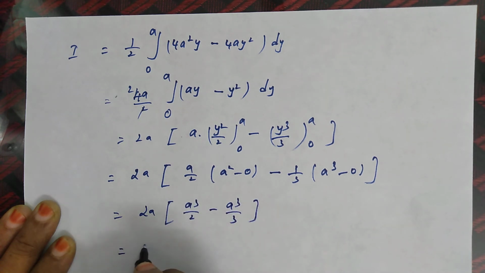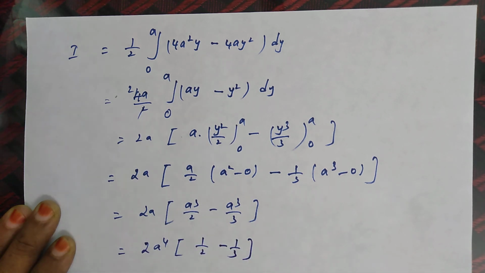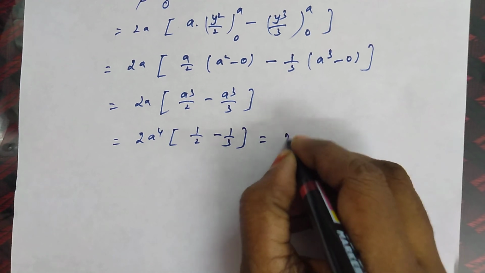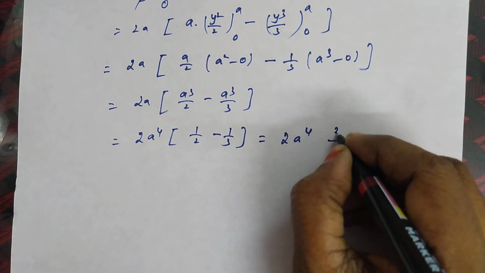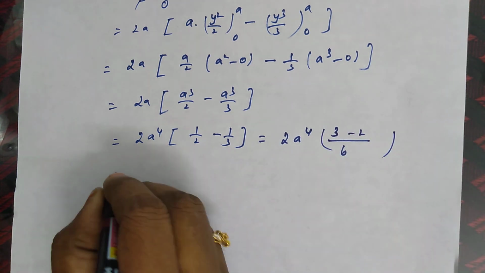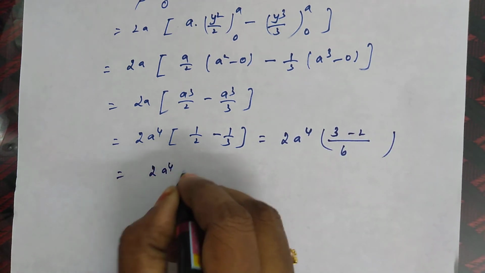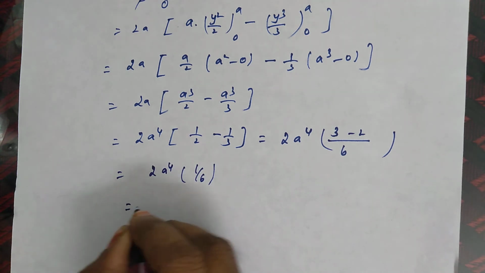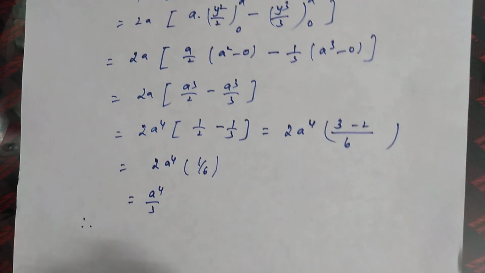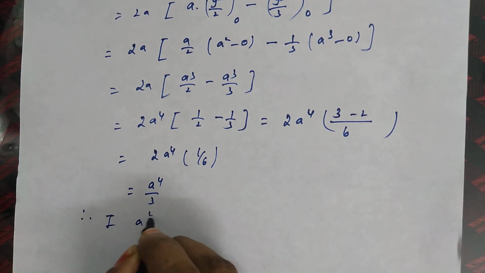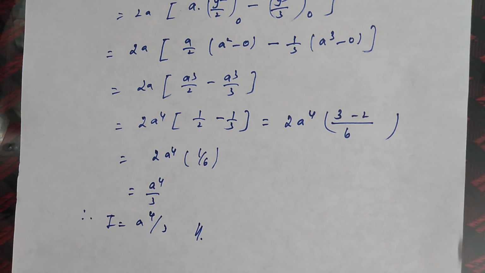We can take a cube outside: 2a power 4, 1 by 2 minus 1 by 3, which is 2a power 4 divided by 6, 3 minus 2, that is 2a power 4 into 1 by 6, that is a power 4 by 3. Therefore our required answer I is equal to a power 4 by 3. So this is the answer for the given integration.